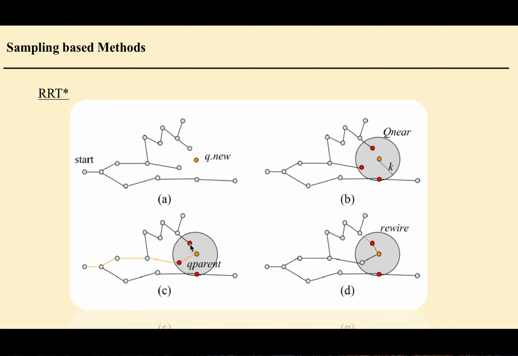Although this node, for example, might be the nearest one to this guy, it might cost us more to go to this node, which is our destination, through this path than going through a different one. So once we find the most optimized or the shortest path to this node, then we redo the whole process again until we get to our destination.